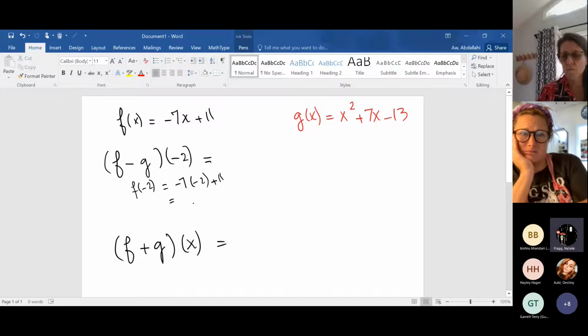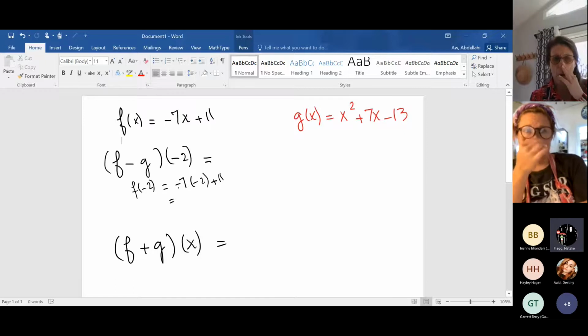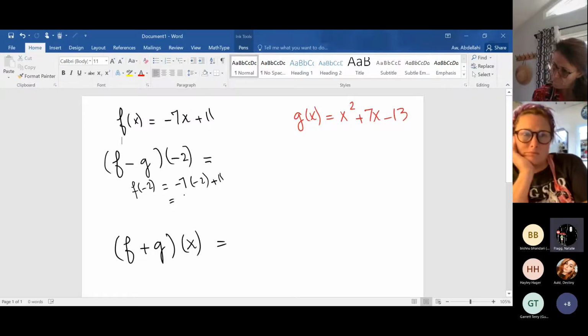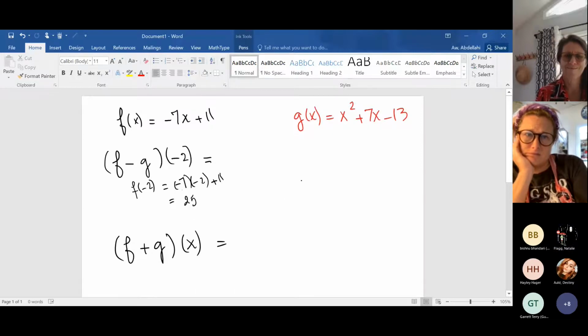I accidentally put a -11 when I rewrote it. Okay, let's see. -14 plus 11 is -3. No, that's positive 14 because you have -7 times -2. That is positive 14. Plus 11 is 25. I double messed up. No, it's okay.